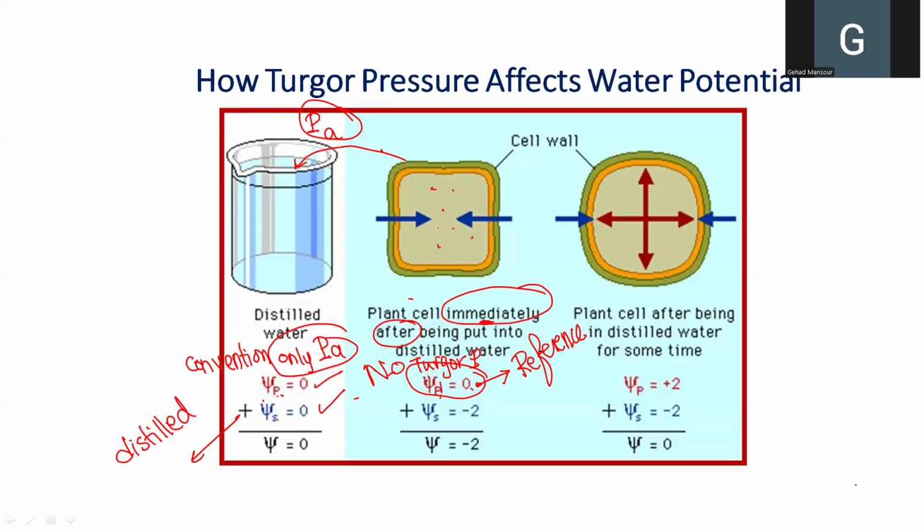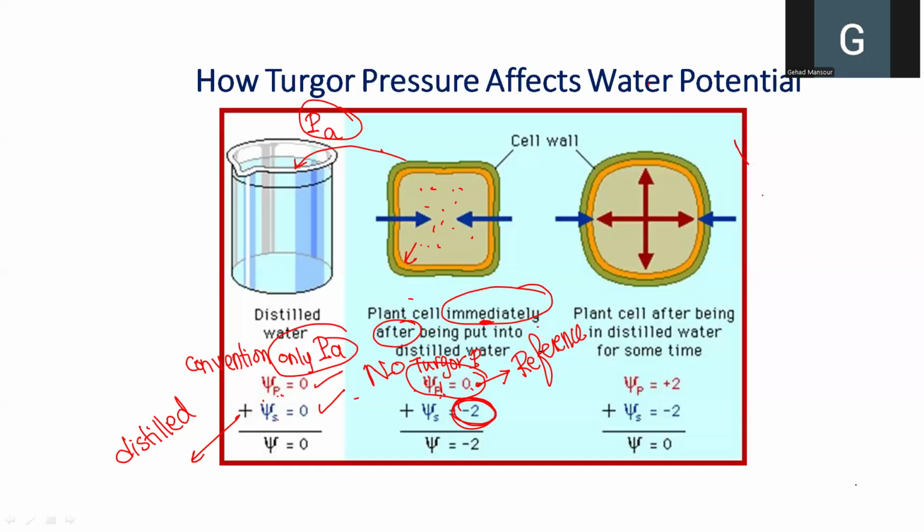Because the amount of fluid inside is not enough to press the cell membrane against the cell wall. So the turgor pressure is 0 and psi p is 0, whereas, of course, the solute potential is negative because there are particles of salt or sugar that are dissolved in the sap, and therefore it is -2.